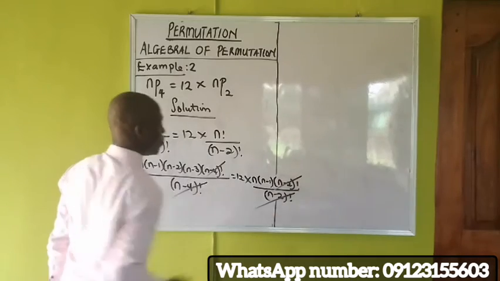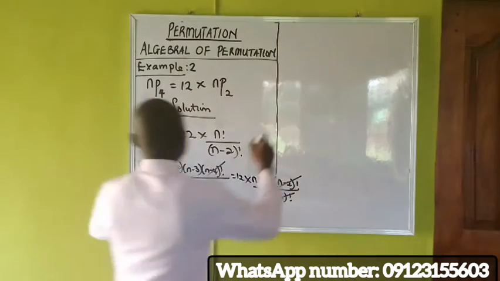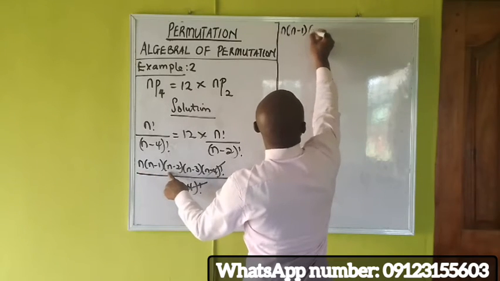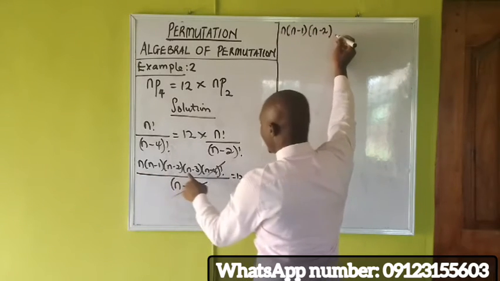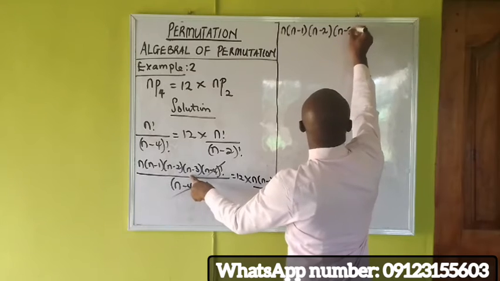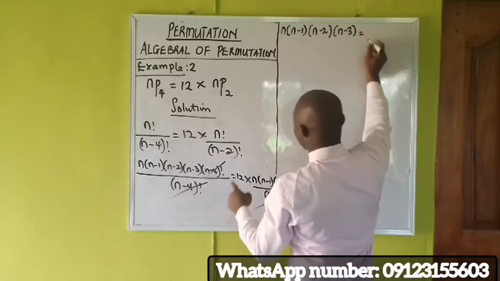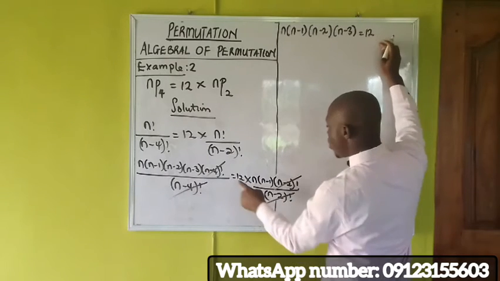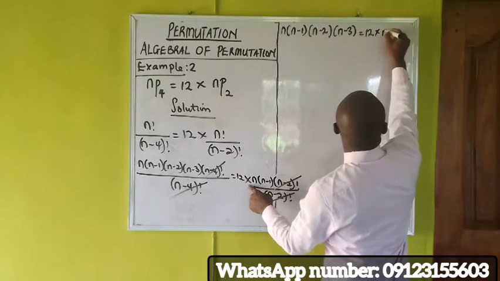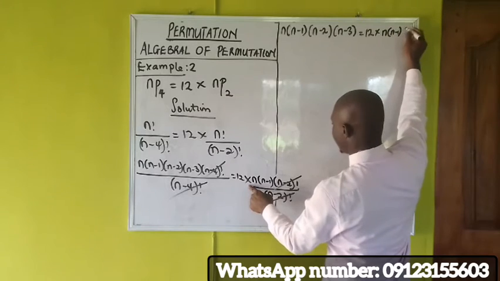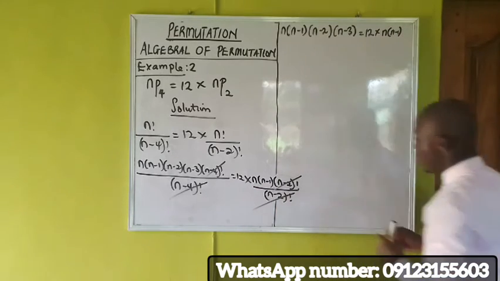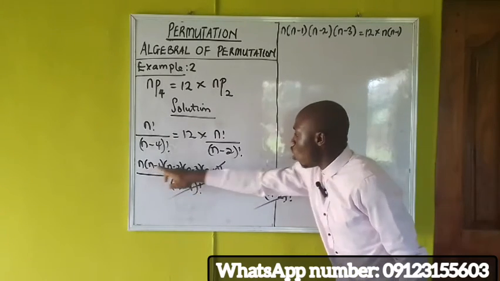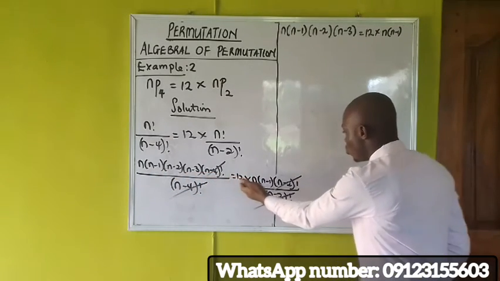I'm left with n into n minus 1 into n minus 2 into n minus 3 is equal to 12 multiplied by n into n minus 1. That's all, right? I'm left with all these terms equal in value to all these terms, as you can see.